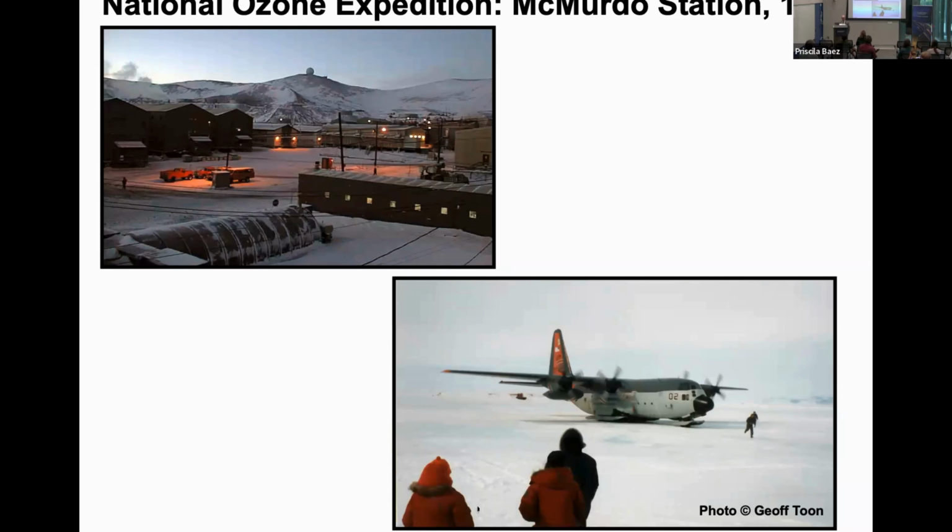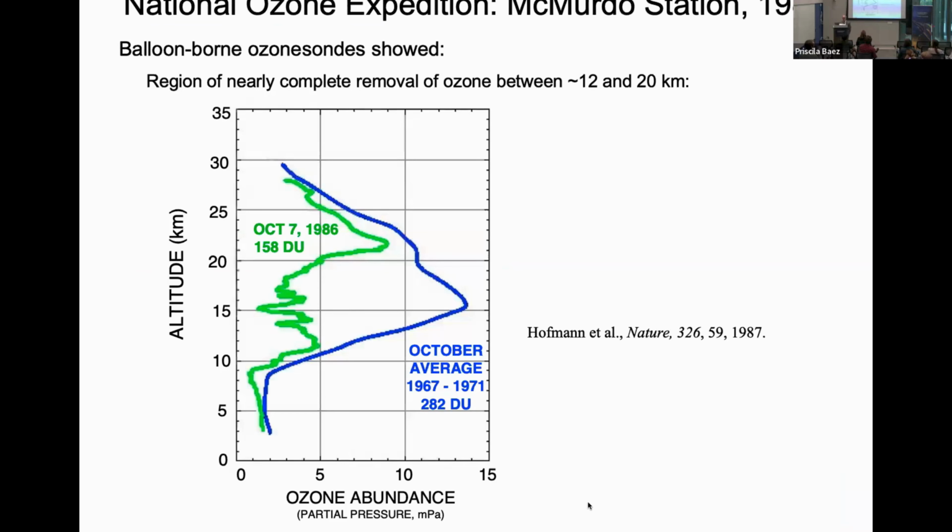And this was a bittersweet day for Jeff and Susan because they were leaving the ice after a job well done. So here is one of the most important observations to come from this. This is the average of ozone that NOAA was measuring over this time period from the South Pole. This is what they measured on October 7th on this day.